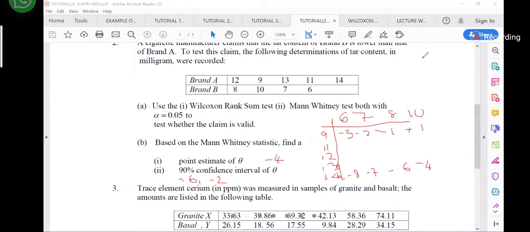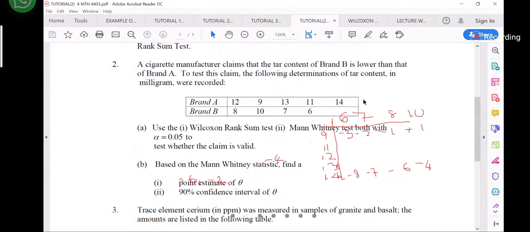Just a moment before I answer this. Okay, now look at this. The claim is that brand B is lower. B is here, right?